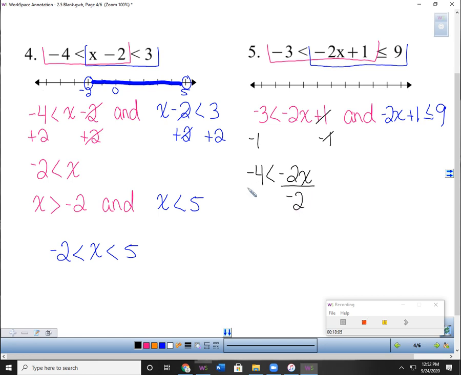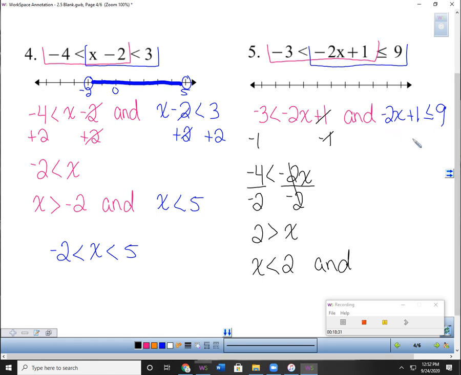And remember, when you have an inequality symbol and you divide by a negative, you have to flip. So we've got 2 is greater than x. But are we going to leave this x here? No, we're going to move it. So I'm going to put it over here and flip my symbol around and have this 2. So this is an "and."